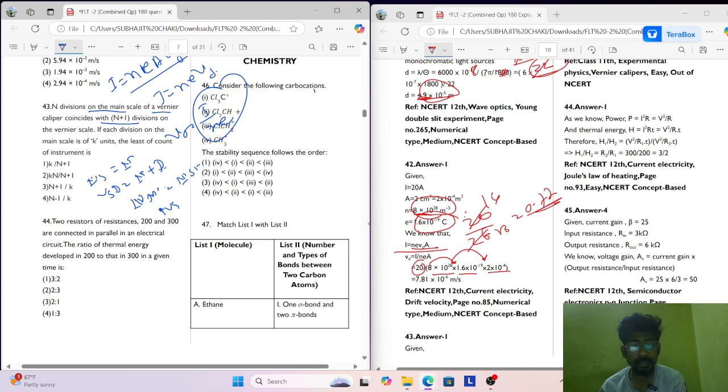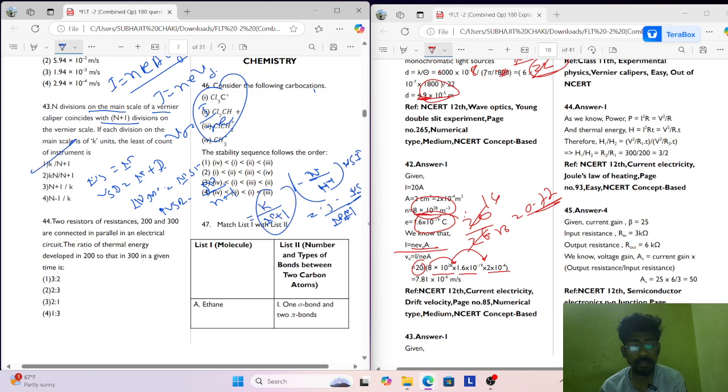Just put this: 1 minus n divided by n plus 1 MSD. That means 1 divided by n plus 1 MSD will be our LC. And 1 unit equals K, so K divided by n plus 1 MSD.